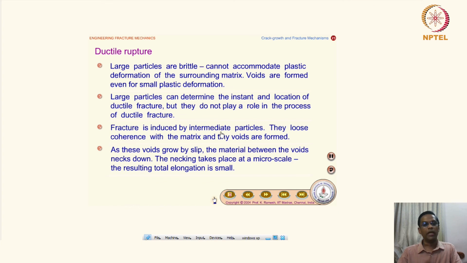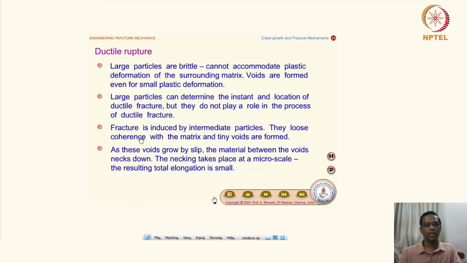Fracture is induced by intermediate particles. They lose coherence with the matrix and tiny voids are formed. So if you look at all these features in a typical ductile fracture, small dimples will be formed because of the particles pulling out from the matrix. That's what is shown here.